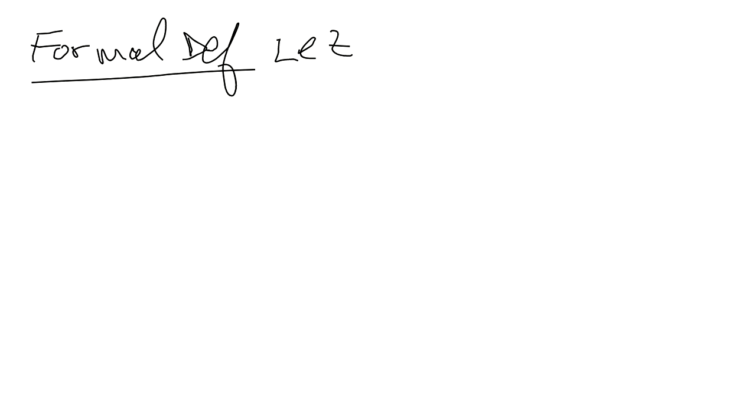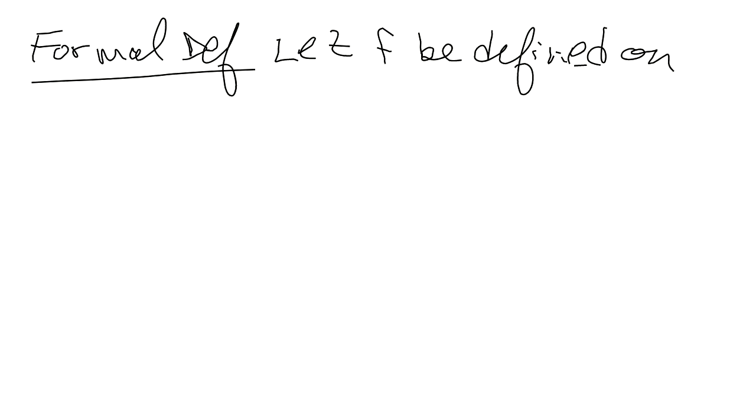First, let f be a function. The book would say let f be a function, but we know it is, so I'm not going to write that. Let f be defined on some open interval containing x equals a. In other words, I'm defined around x equals a. In the previous examples, a was 1.